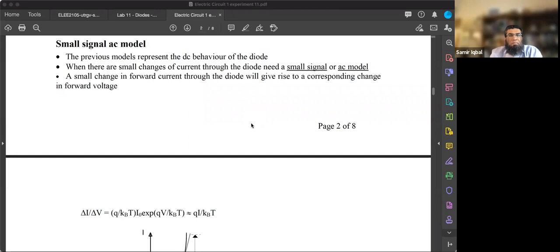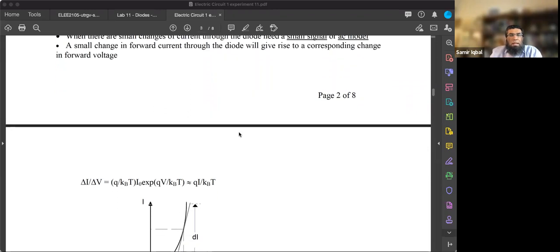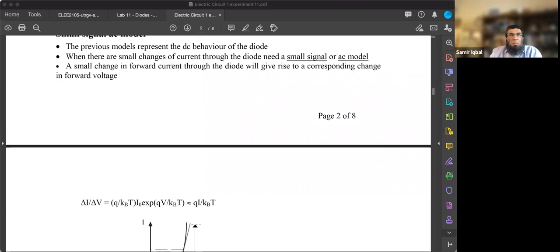When we simplify the relationship, what we get is, for a small change in voltage, the corresponding change in current, delta I over delta V, becomes dependent on the temperature times kT by Q, which was the threshold voltage, 26 millivolt, 0.026 volt.